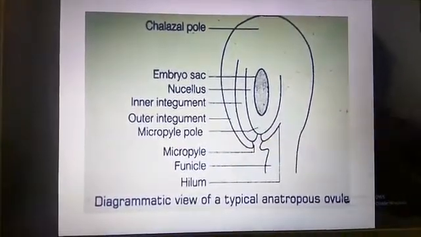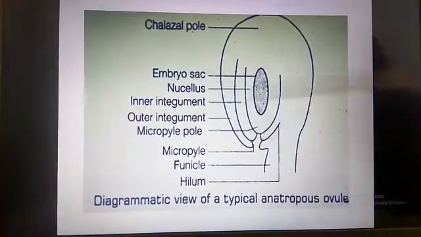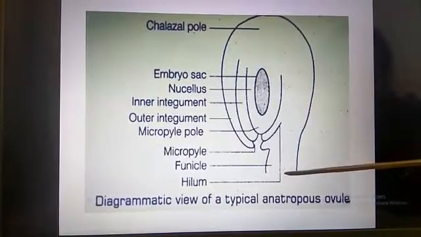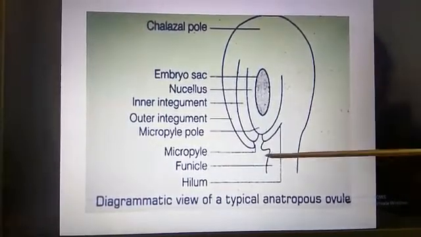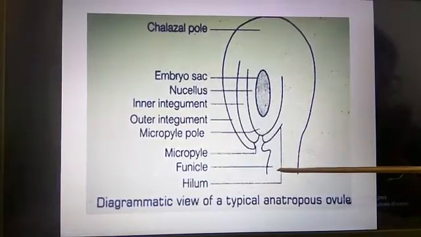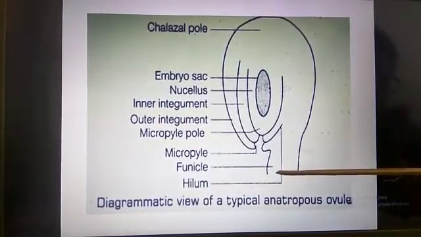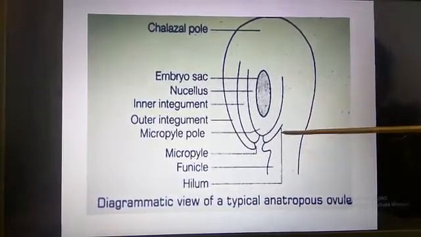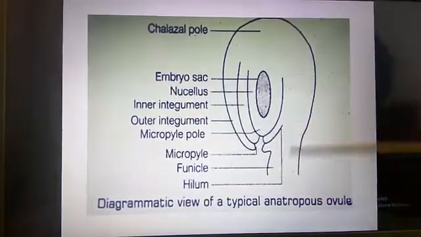And this body of the ovule is attached to the placenta by a stalk called funicle. The point where the ovule is fused with the funicle is called hilum.